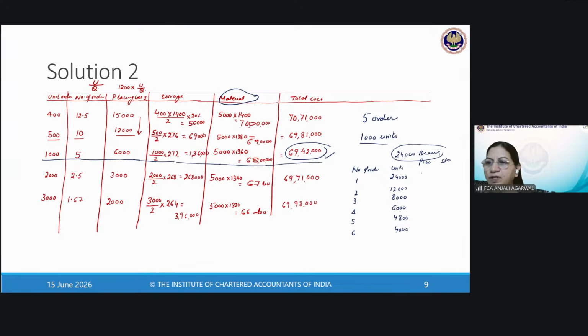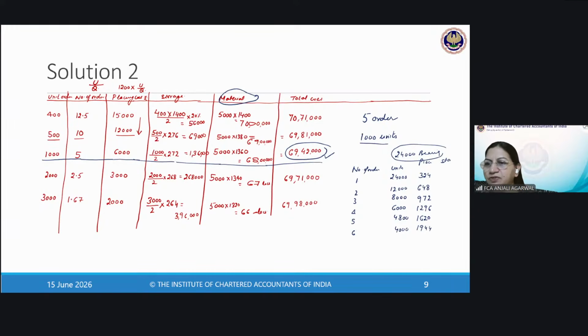Placing cost would be 1 into 324, and so on.